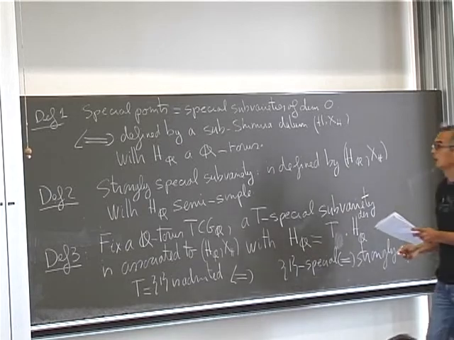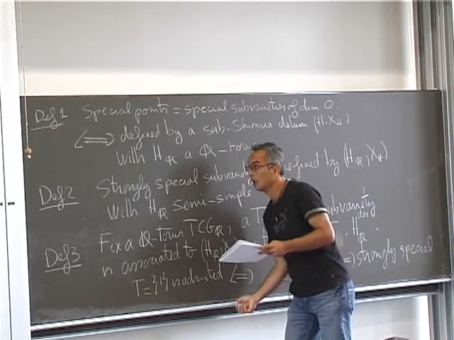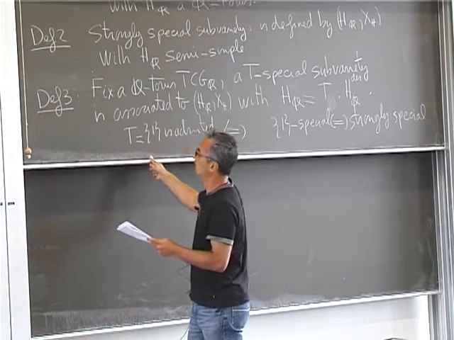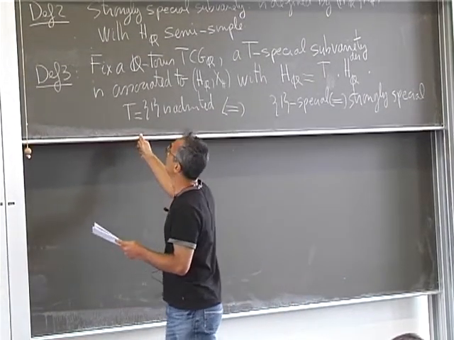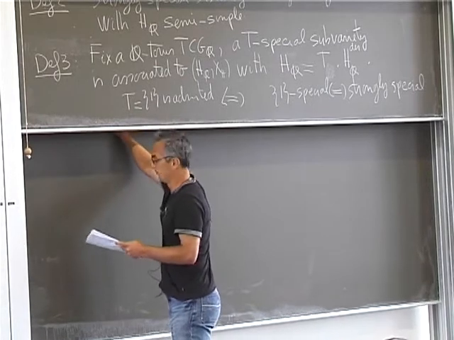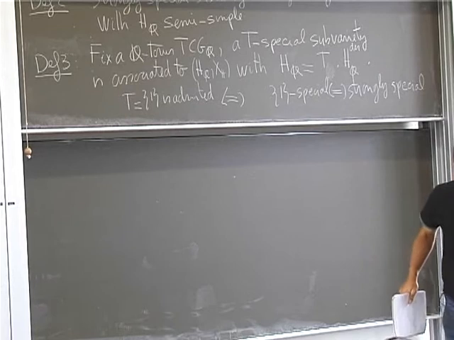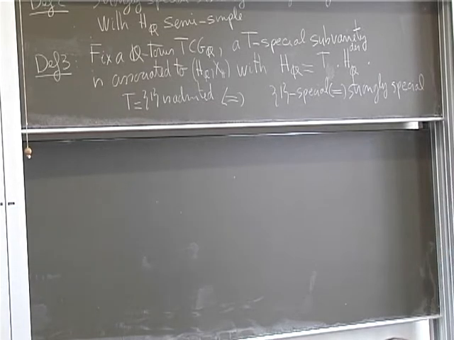Okay. So now I can state some results. The derived group is generated by the commutators.